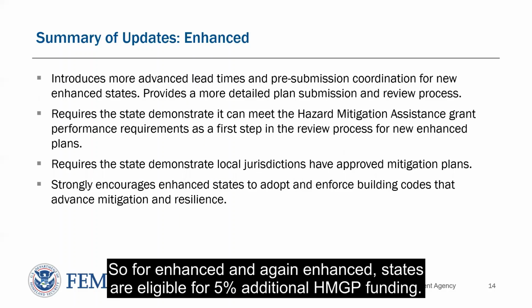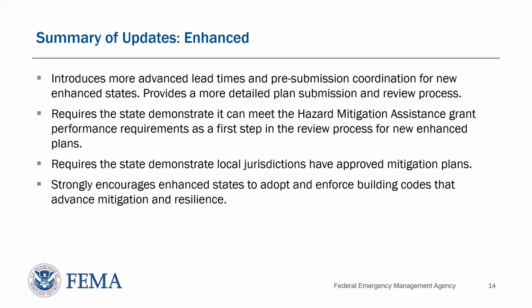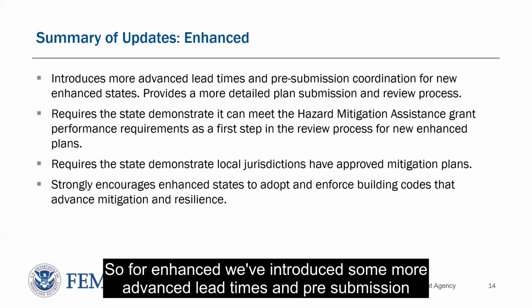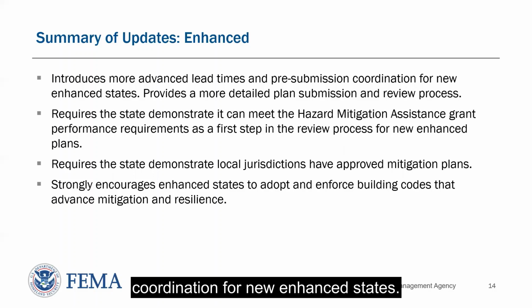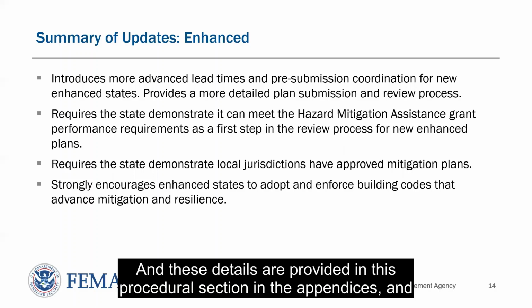So for enhanced, and again, enhanced states are eligible for 5% additional HMGP funding, we've introduced some more advanced lead times and pre-submission coordination for new enhanced states. These details are provided in the procedural section in the appendices.